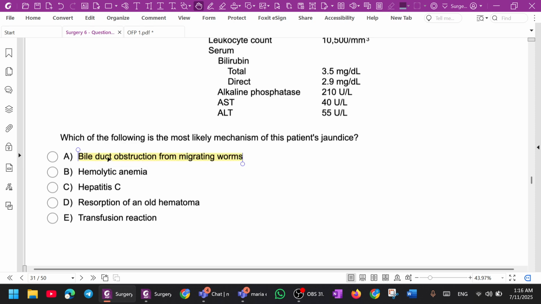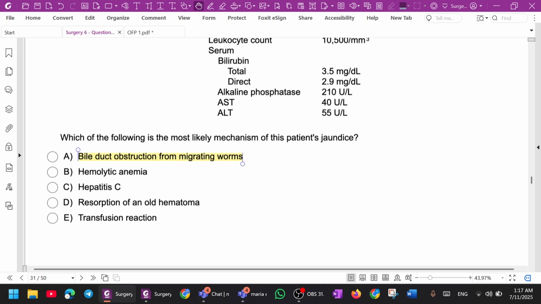So it's bile duct obstruction by migrating worms. Bile duct obstruction by migrating worms is the likely cause of the patient's jaundice with evidence of Ascaris lumbricoides within the bowel. Ascaris lumbricoides, also known as giant roundworm, is commonly transmitted by the fecal-oral route via ova within feces. After ingestion, the intestinal larvae can infiltrate the wall of the small bowel and penetrate into blood vessels where they might migrate to the lungs.